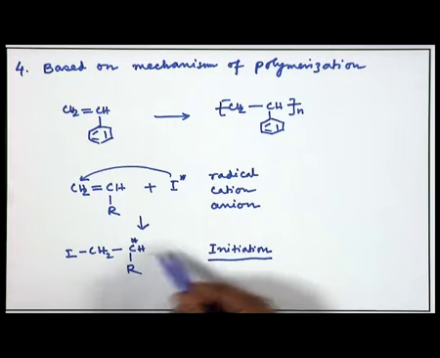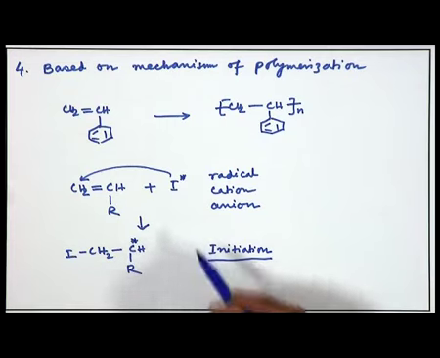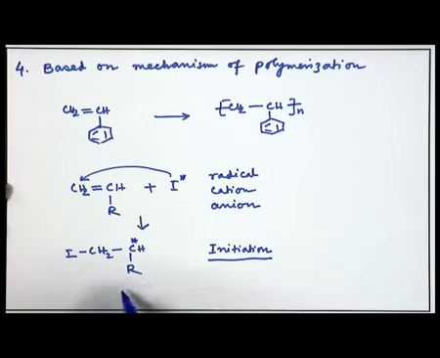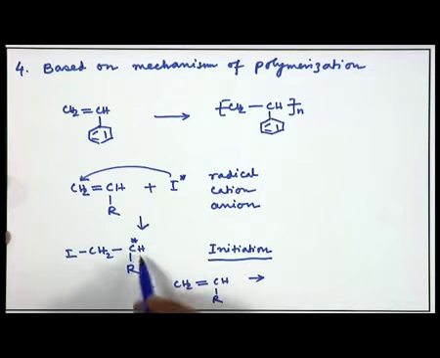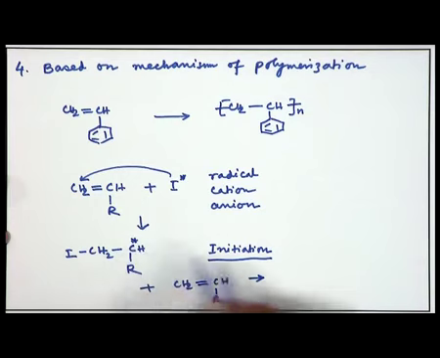This will further add to the second monomer. So, if I write here plus, this will add here, or rather this will attack on this carbon and this monomer will get added to this carbon.